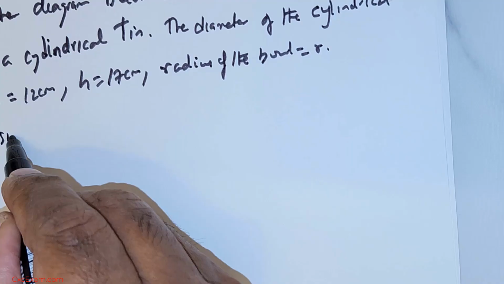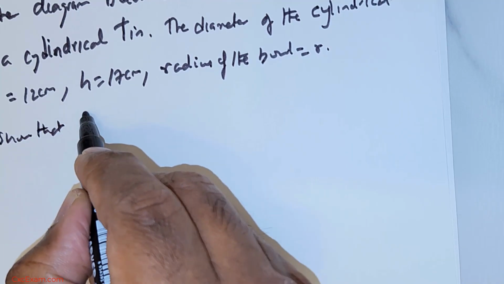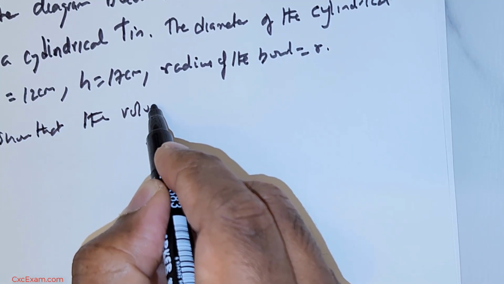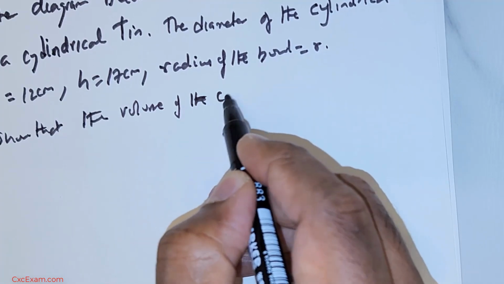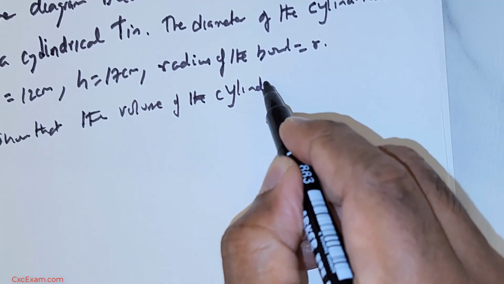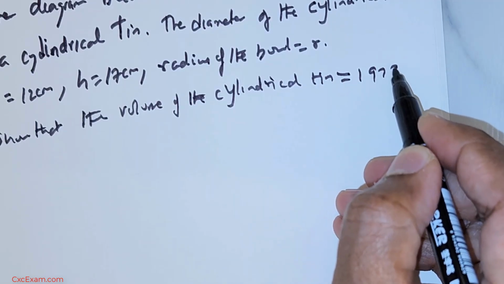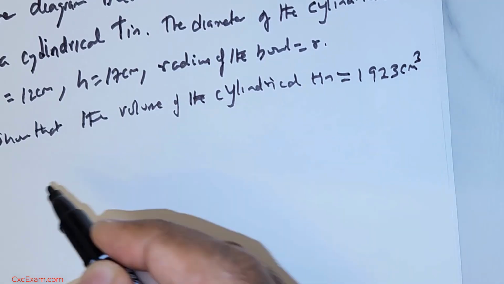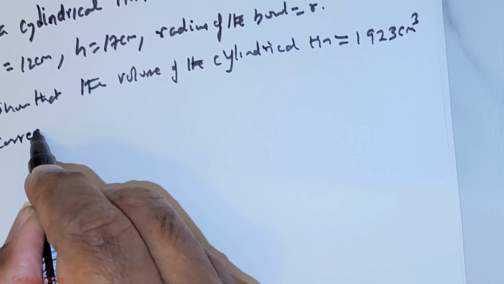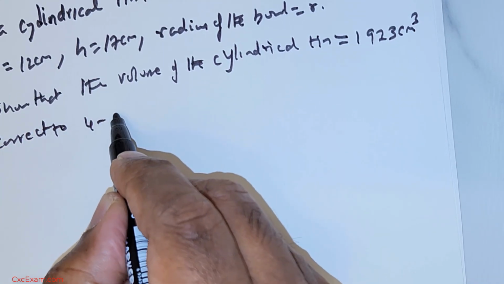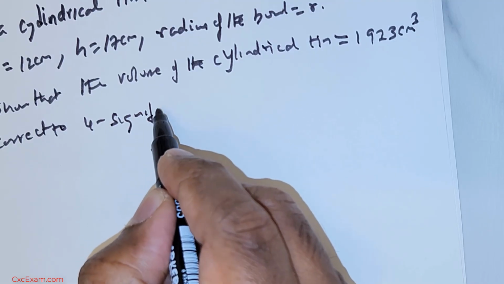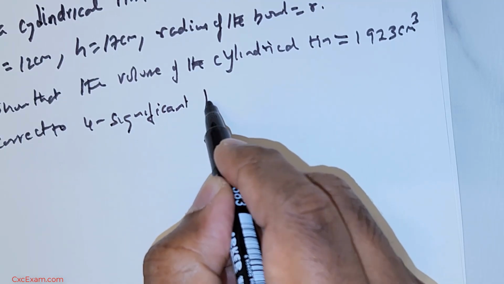Now they are asking us to show that the volume of the cylinder, or I would say the cylindrical tin, is 1923 cm cubed, correct to 4 significant figures.